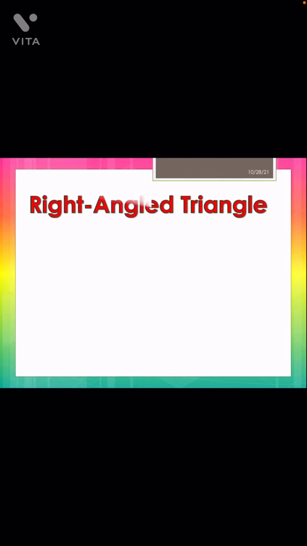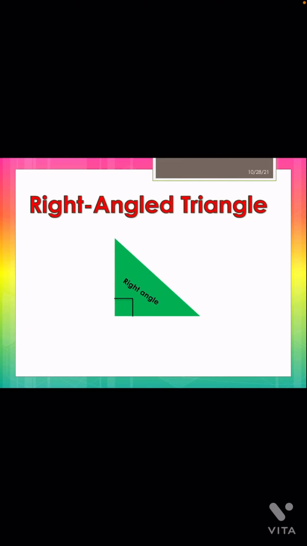Let's consider a right angle triangle. The right angle is indicated by the little box in the corner. And the other angle is acute. The side opposite the right angle, which is the longest side, is called the hypotenuse.